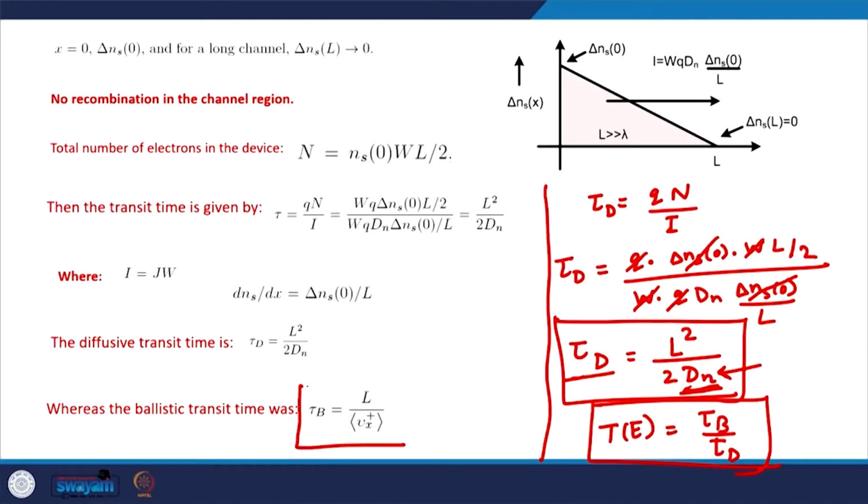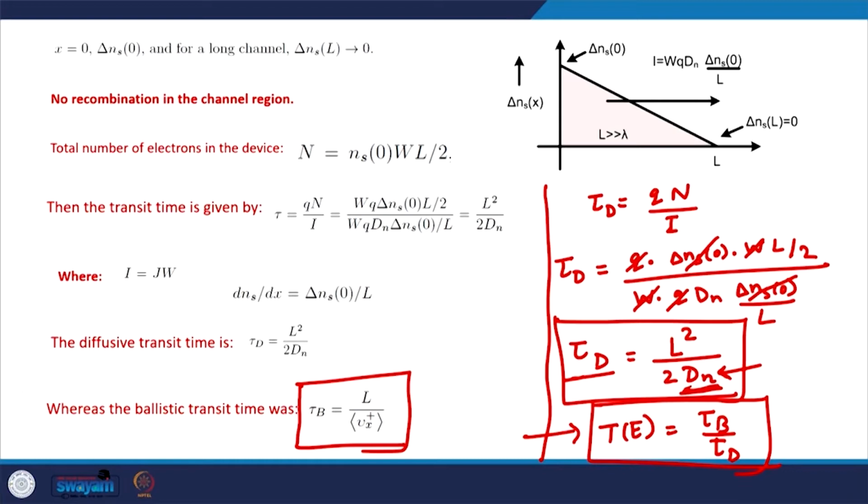Tau b is equal to L divided by average velocity in x direction, and the transmission coefficient is the ratio of tau b to tau d. Tau d is L square divided by 2 dn, where L is the length, dn is the diffusivity or diffusion constant of the material.